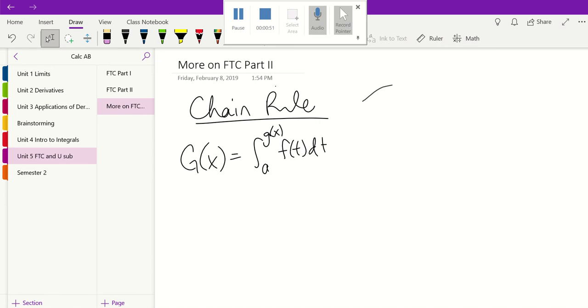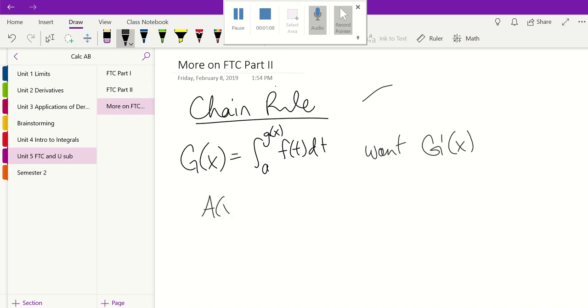In any case, it's not the integral from a to x. Well, if we have that situation and we still want G prime of x, we're going to have to do some manipulations. So the simplest way is to start by doing this.